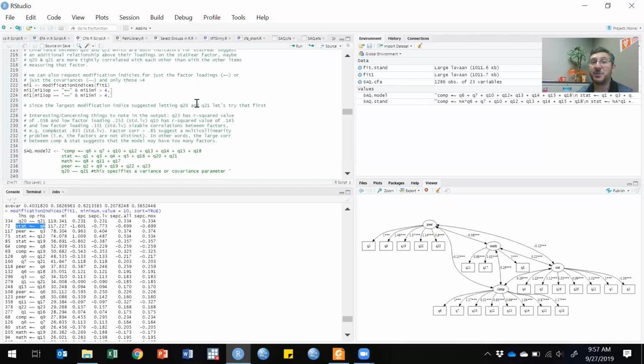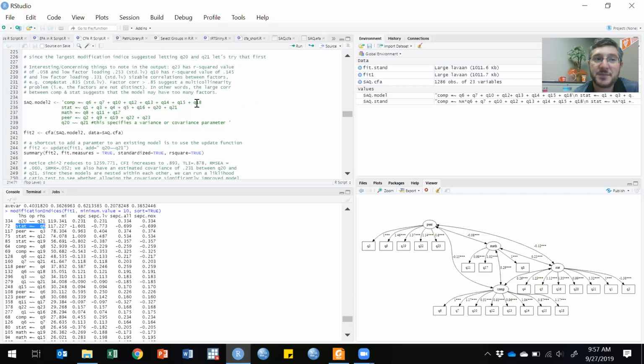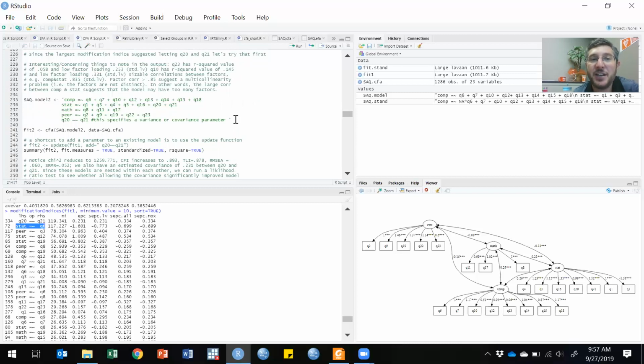Since the largest modification was suggesting letting question 20 and question 21 covary, we're going to try that suggestion first. Here, this would be the syntax to make that change. Basically, the syntax stays the same.